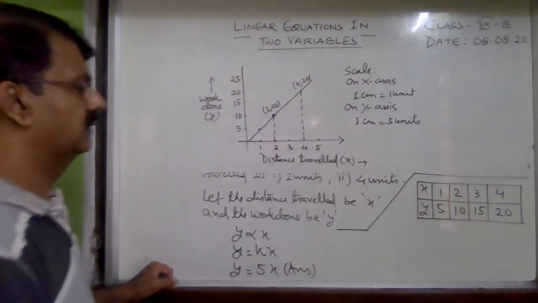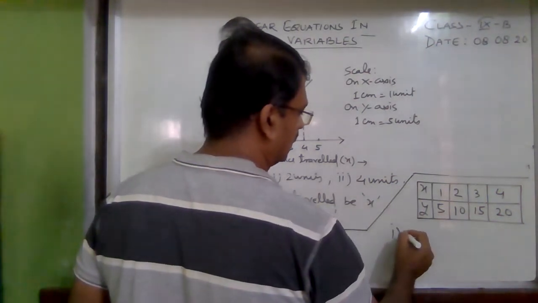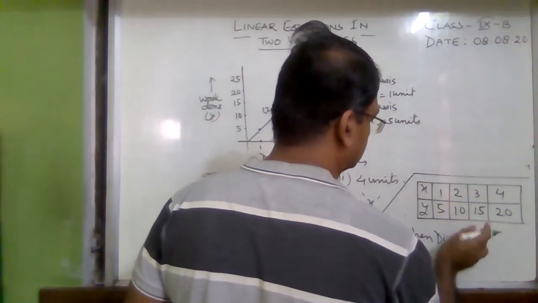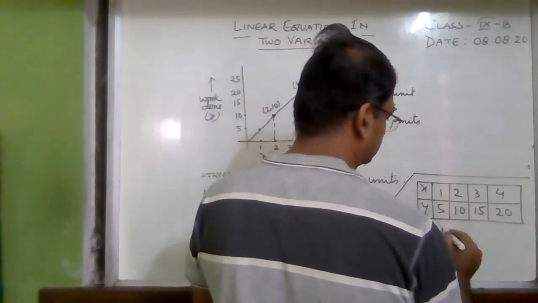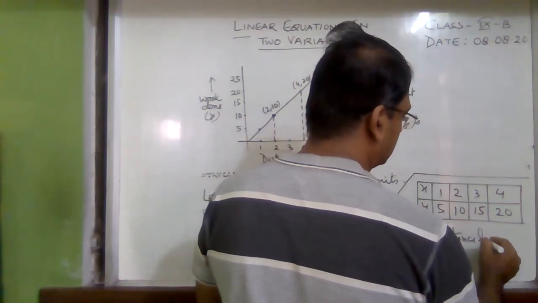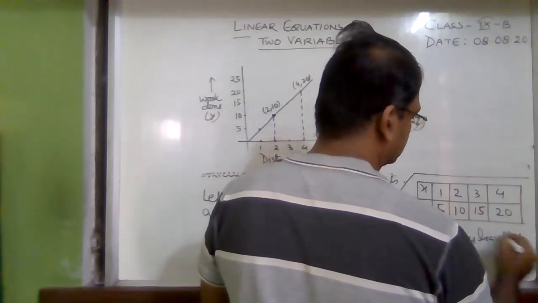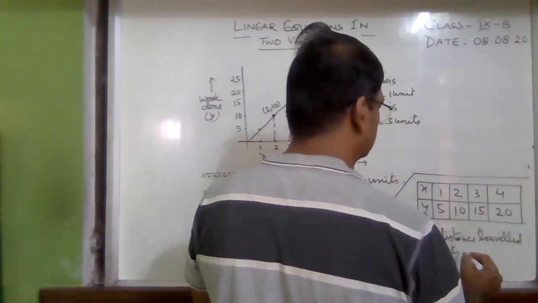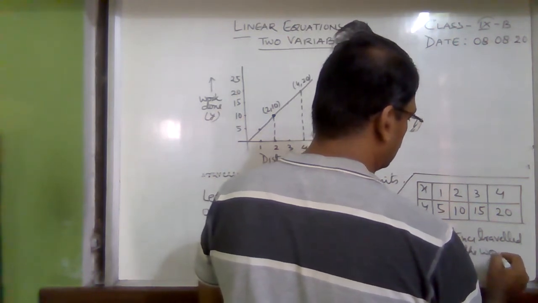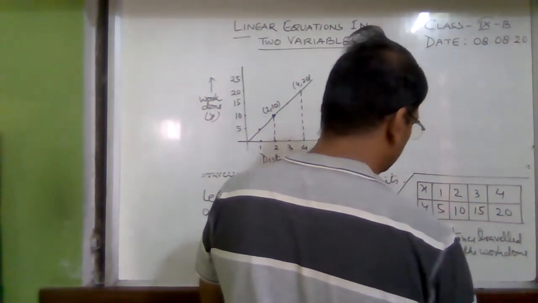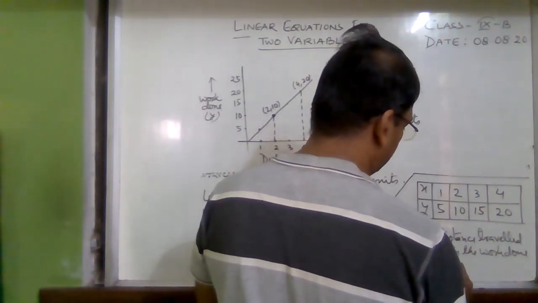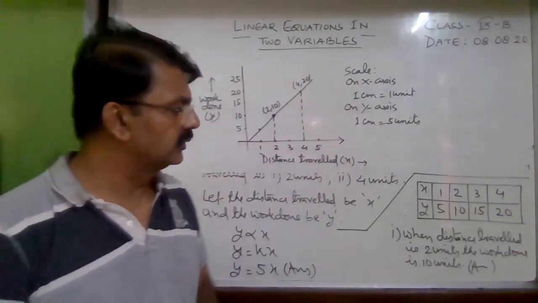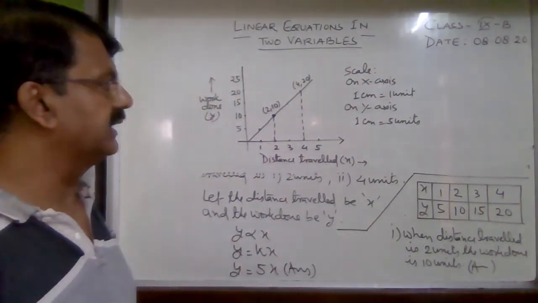So, when distance traveled is 2 units, then work done is 10 units. Okay, when distance traveled is 2 units, the work done is 10 units.